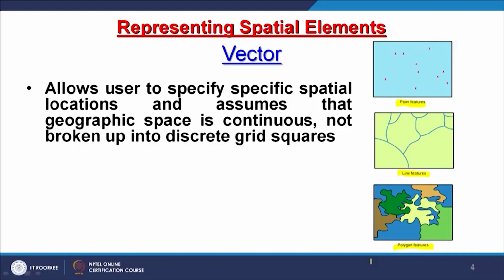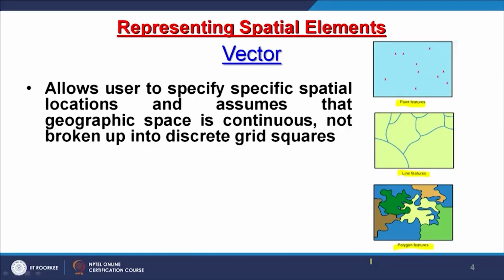In polyline or line data, we also call them line features, it is a string of XY coordinates. So if we know the origin and the destination, we can find out the length, that becomes magnitude, as well as the direction.